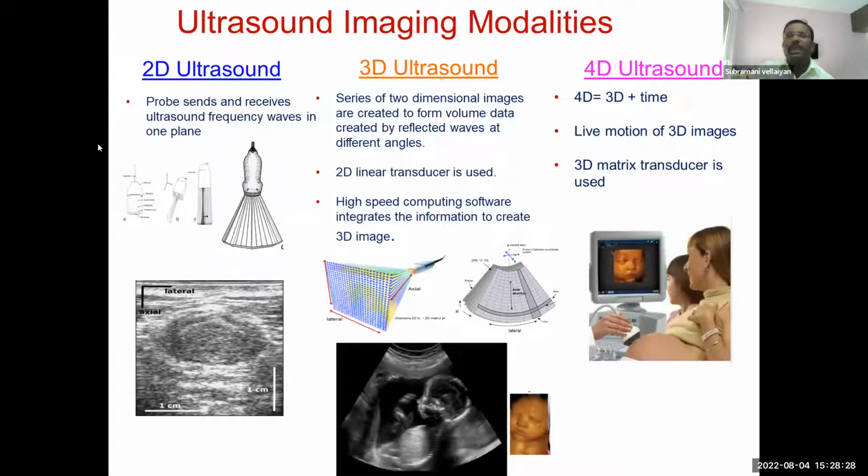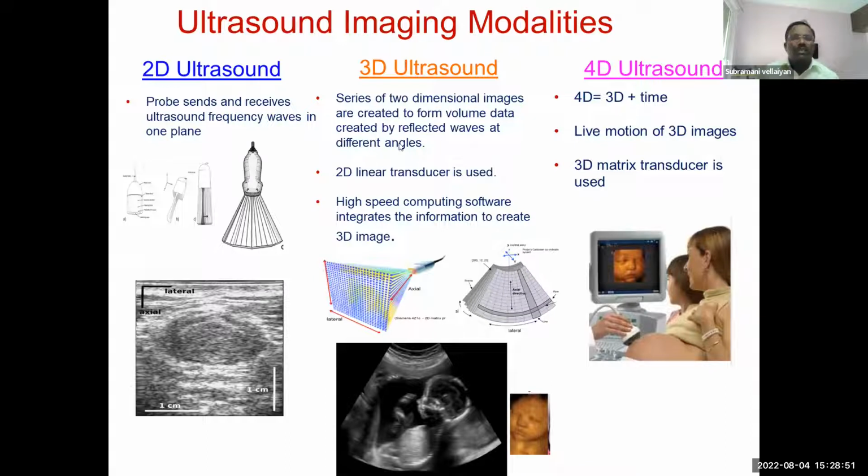Before introducing 4D ultrasound, I would like to introduce what 2D, 3D, and 4D ultrasound are, based on the imaging dimension. The 2D ultrasound is basically where the probe sends and receives ultrasound waves in one plane. So XY dimensions are given for the object.